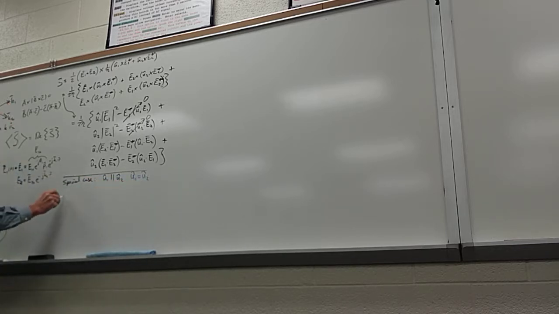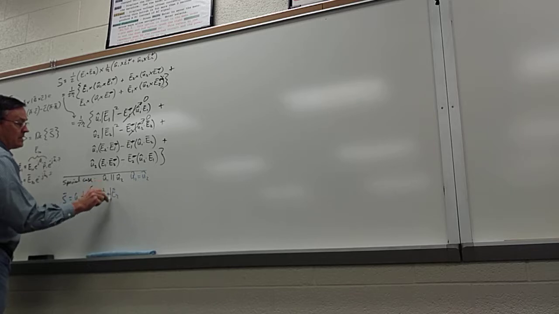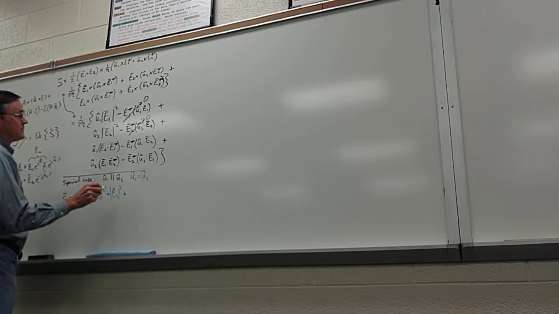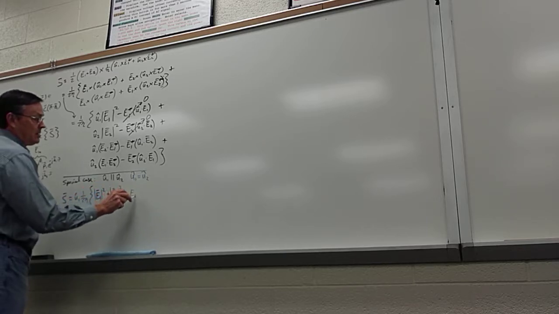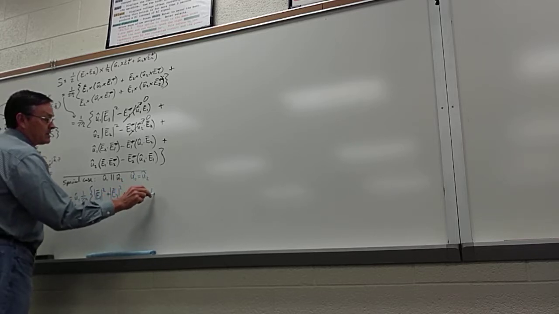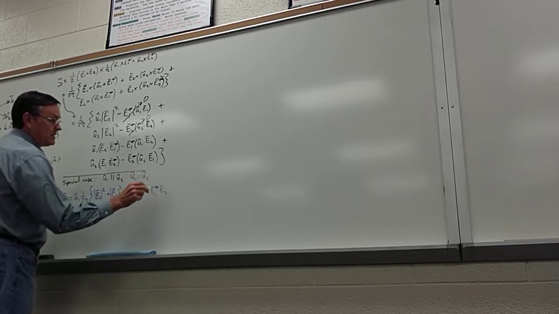So I can write down that this is U1 hat, 1 over 2 times eta, and then, well, let's just write it down. Okay, so we have E1 magnitude squared plus E2 magnitude squared plus we've got E1 dotted into E2 complex conjugate plus E1 complex conjugate dotted into E2.